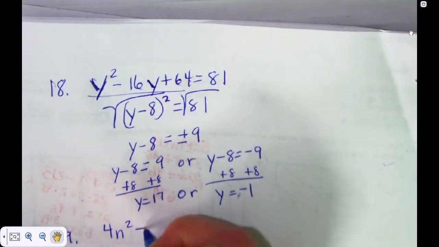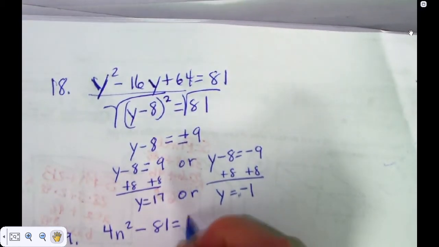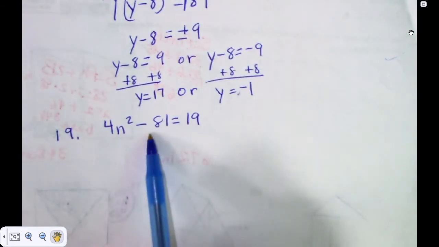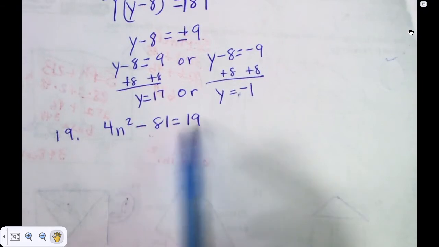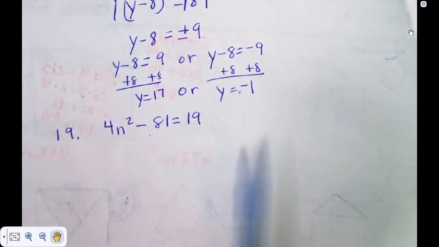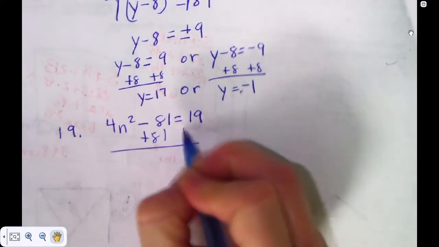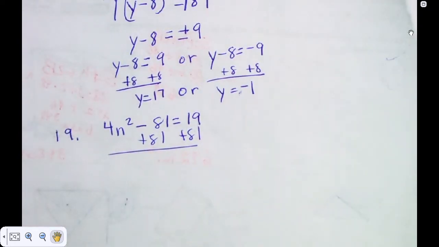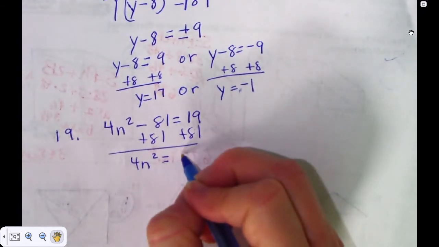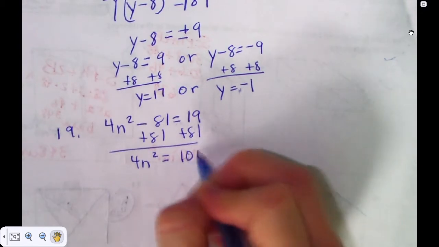4n squared minus 81 equals 19. Okay. If I look at this, I go, oh, 19 is not a perfect square. But, oh, if I add 81 to both sides, what am I going to get? 4n squared equals 100.